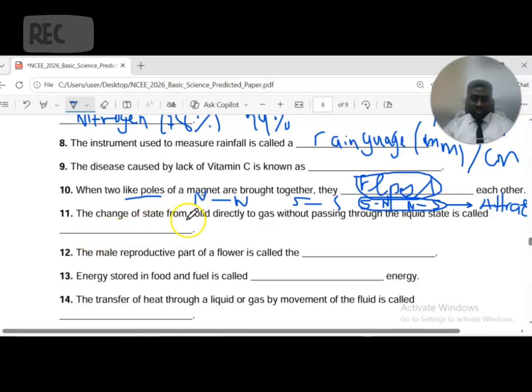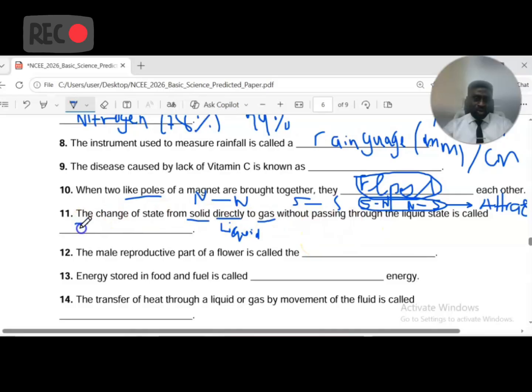So the change of state from solid directly into gas, that is to say, it does not pass through the liquid state of matter. It just moves from solid and is converted to the gaseous form of that substance. What's the name of the process that qualifies this change?